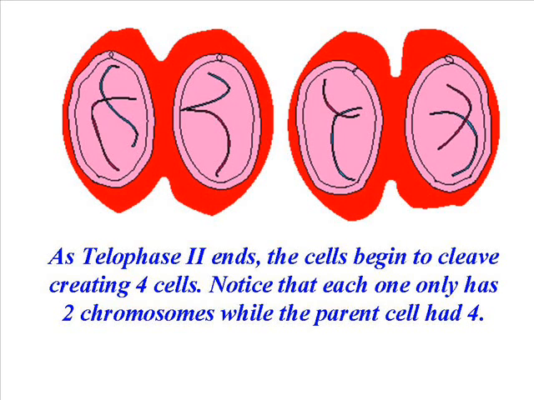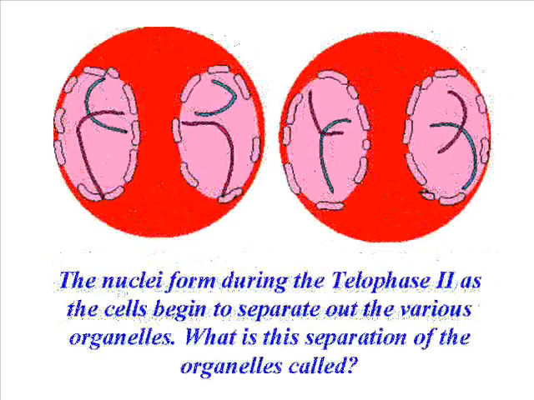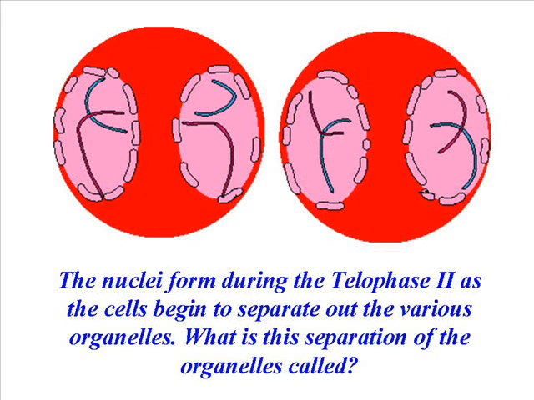In other words, these 2 cells that have been going through meiosis 2 finally will each divide, and when each of those 2 cells divide, they will each have only a half a set of DNA. And when these cells are finally produced, at the end of telophase 2, you will have 4 gametes.